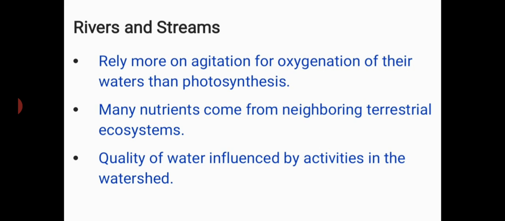Rivers and streams are open ecosystems because they receive nutrients from neighboring ecosystems. That is, quality of water in streams and rivers is influenced by the activity in the watershed.